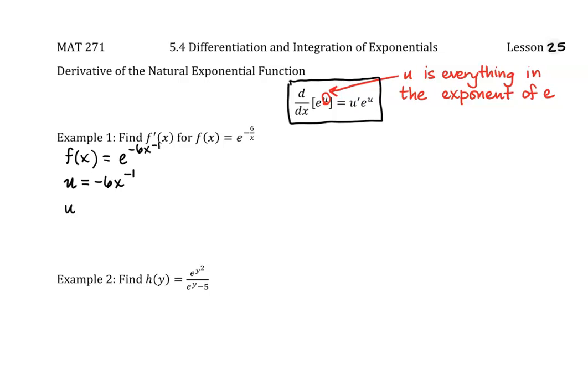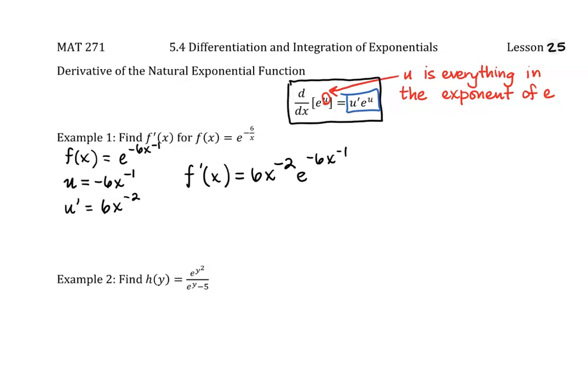We're going to take u prime using the power rule. So I'm going to bring down the exponent of negative 1 and multiply it with the negative 6 to get a positive 6. And the new exponent on x will decrease by 1 to become negative 2. So now that we have u and u prime, we'll be plugging those in to this right here, what I just boxed in blue, to get that our f prime of x is equal to u prime, which is 6x to the negative 2, multiplied by e to the u, which is e raised to the negative 6x to the negative 1.